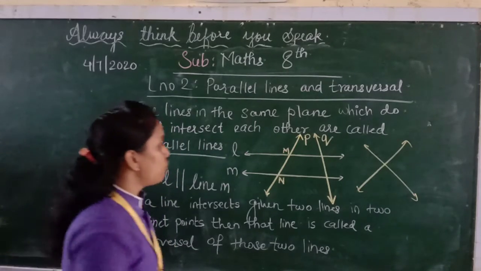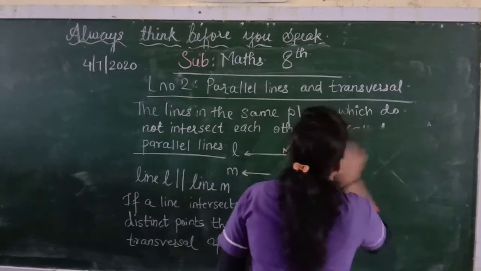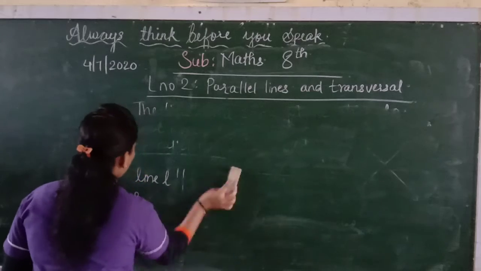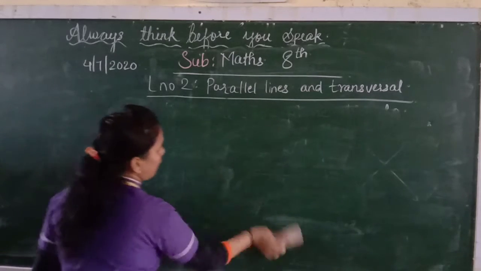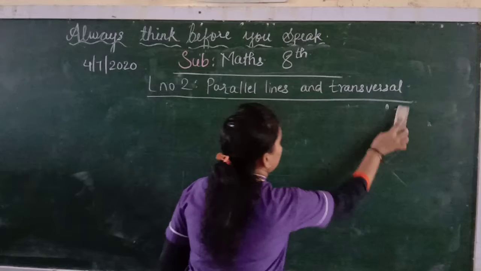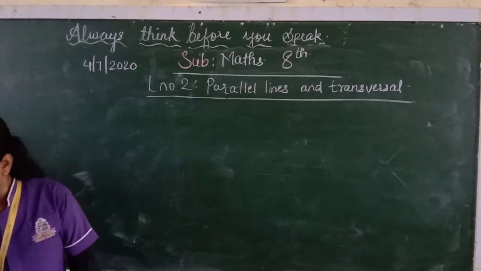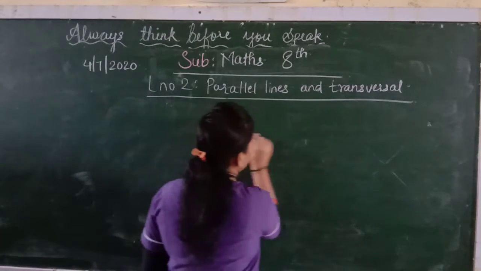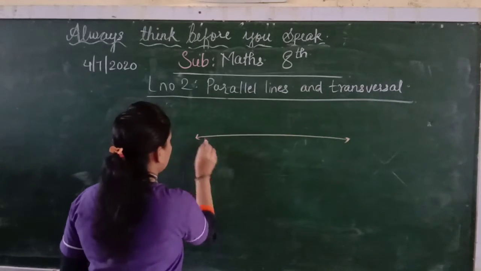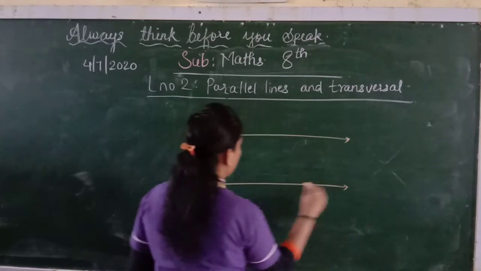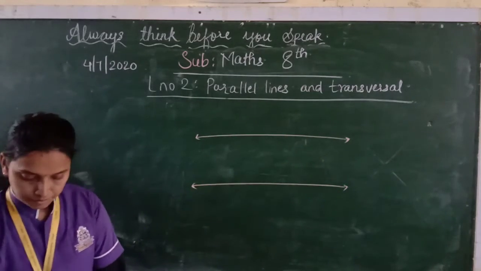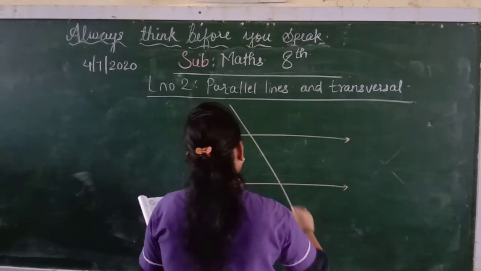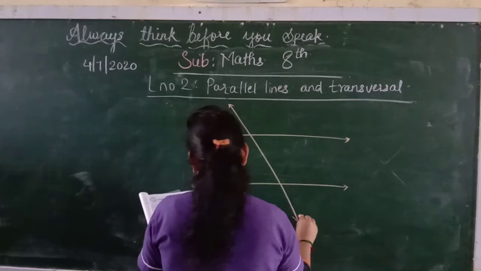Now further we will see what happens when the transversal intersects the two parallel lines. Suppose I draw a transversal over here.